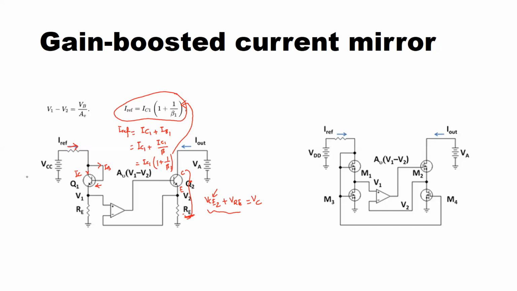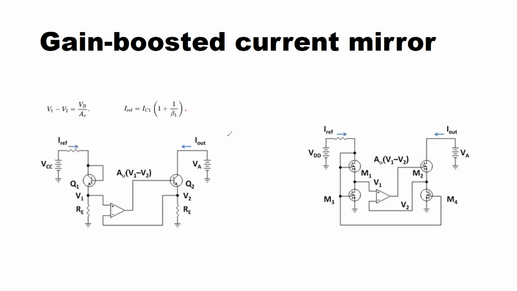Now, the output resistance of the MOSFET is relatively less than the output resistance of the BJT. Therefore, this kind of arrangement is often used, with the operational amplifier even with MOSFET based current mirror circuits. And when you see the use of an operational amplifier, which is called a gain boosted current mirror, these are also called wide swing current mirrors, because they also help to maintain a low compliance voltage across the transistor.